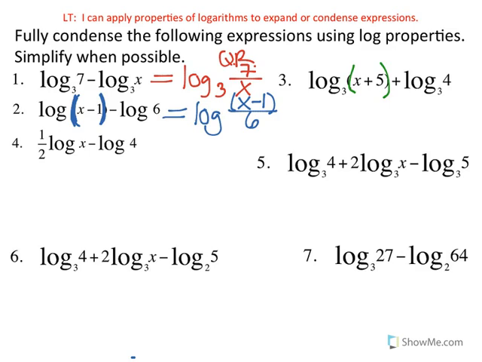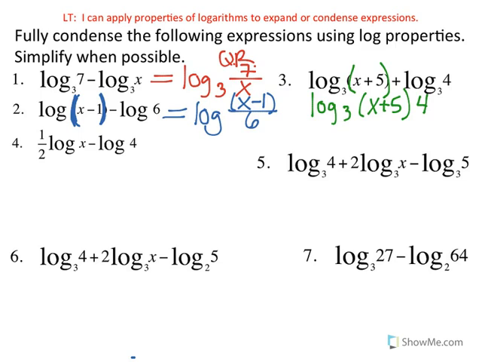I need to condense it down into one statement that involves a log of a product rule or a multiplication of two terms. Okay. So we have to be careful here. This is going to be log base 3 of x plus 5 times the second term 4.